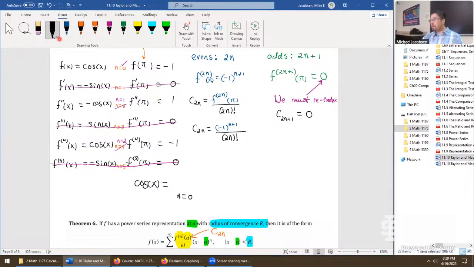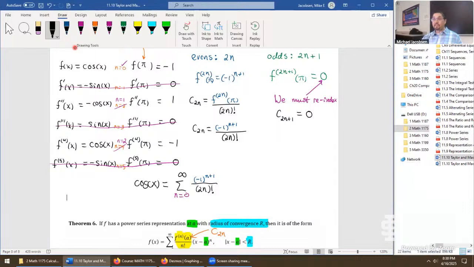There'll be a summation starting at a re-indexed n is 0. Just using that color to emphasize, we made a really big change on this list with all those deletions. Then we put in C at 2n, this whole thing, -1 power n plus 1, divide by 2n factorial.